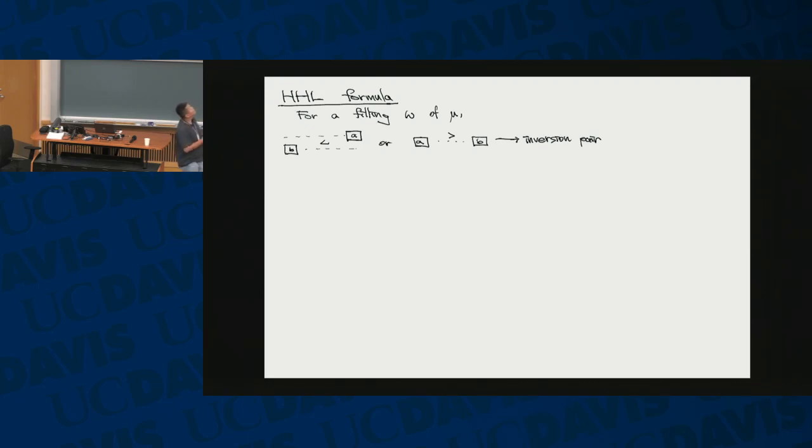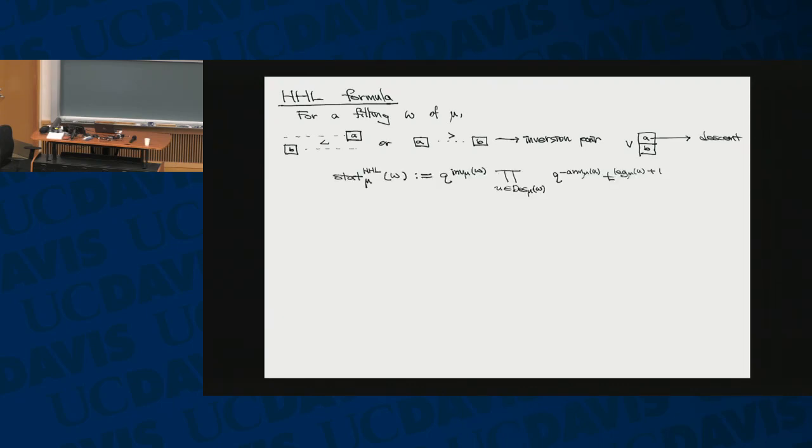For a filling W of a partition mu, we say a pair of cells located like this or this, with the filling A bigger than B, is an inversion pair. And we say a cell is a descent if the filling of the cell is bigger than the filling of the cell right below it.